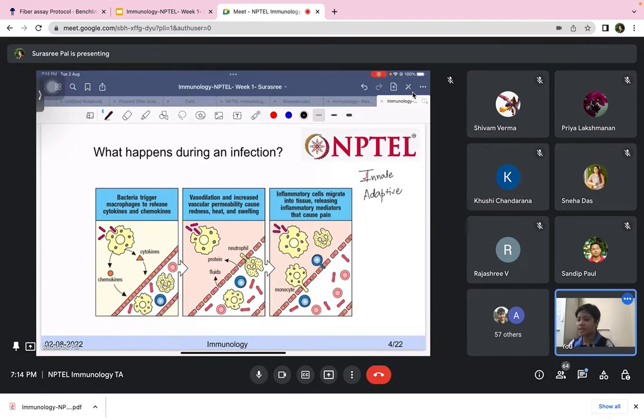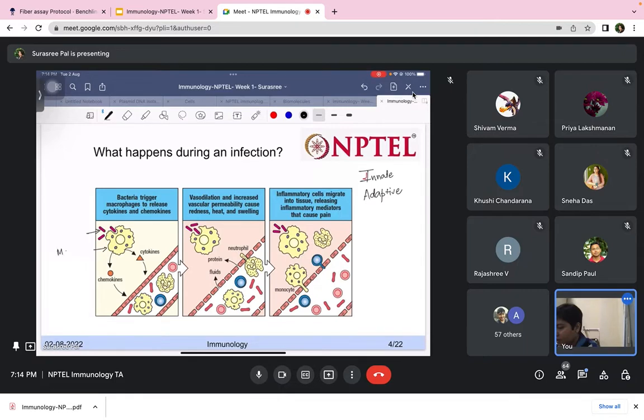And what happens in this type of system? Suppose these red colored cartoons are bacteria, and they have gone into one of our tissues.